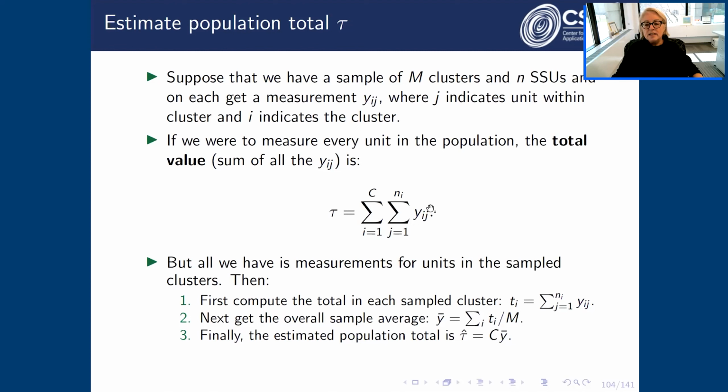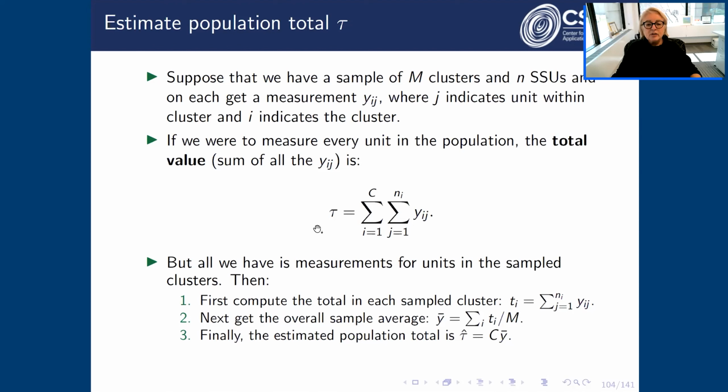It would be, look at the Y in the jth unit in the ith cluster, add them all up within the cluster, and then add those values up over all clusters. But we don't do that, right? Because we don't look at every unit in every cluster. We only look at every unit in the sampled clusters.